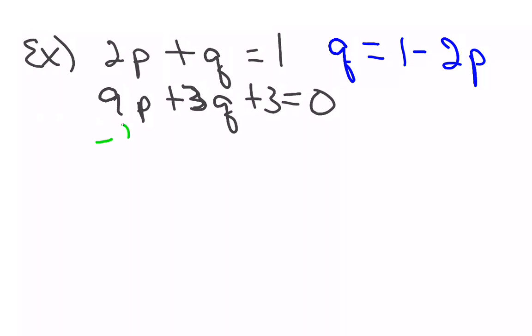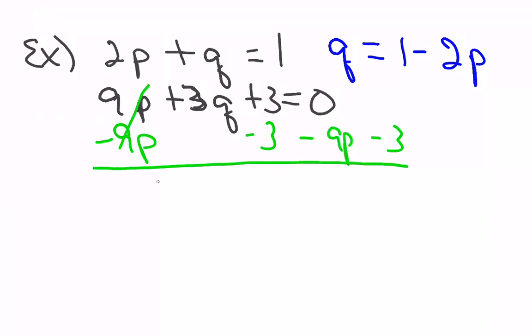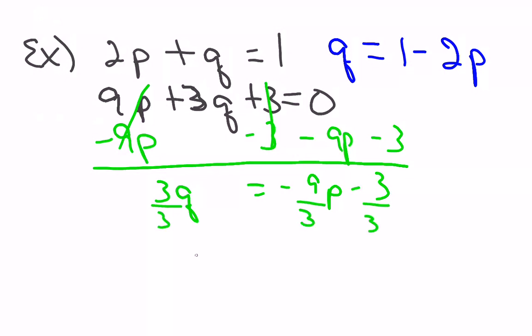We're going to have to subtract the 9p and subtract 3 from both sides. So we have 3q equals negative 9p minus 3. Then we have to divide everything by 3. So we get q equals negative 9 divided by 3 is negative 3p. Negative 3 divided by 3 is a negative 1.